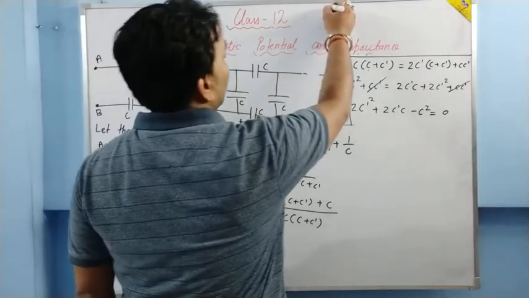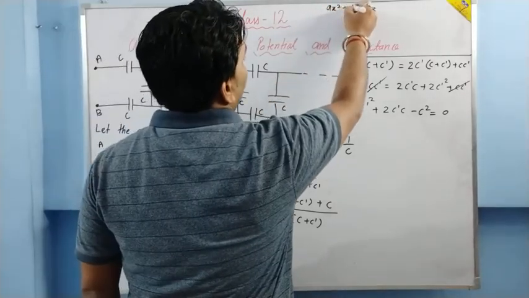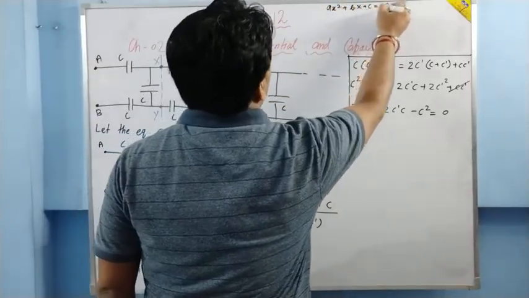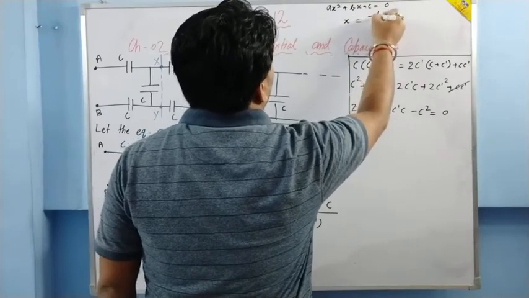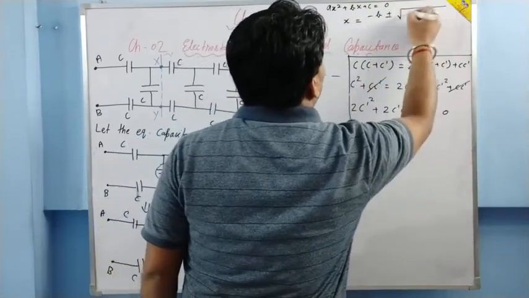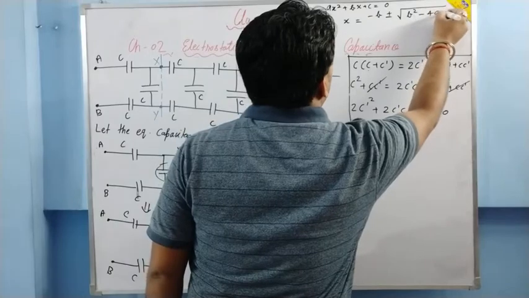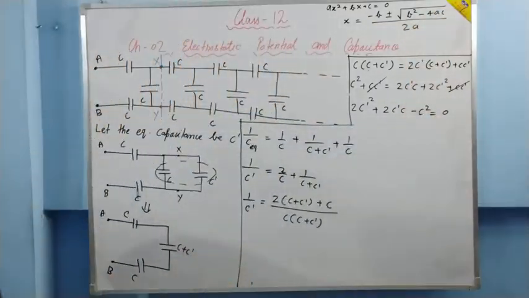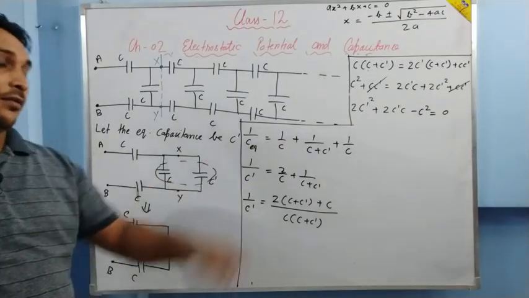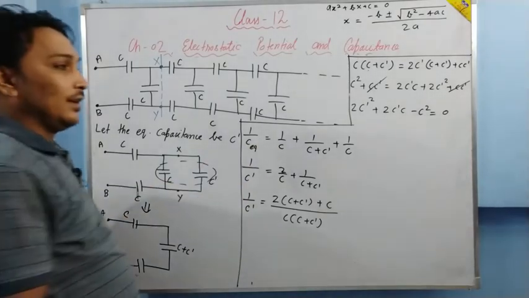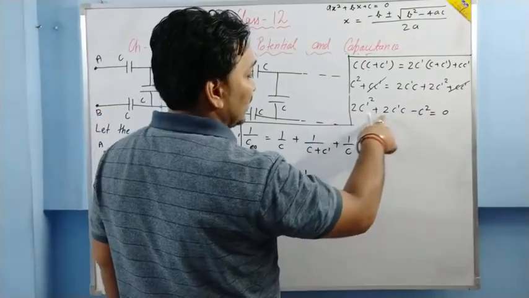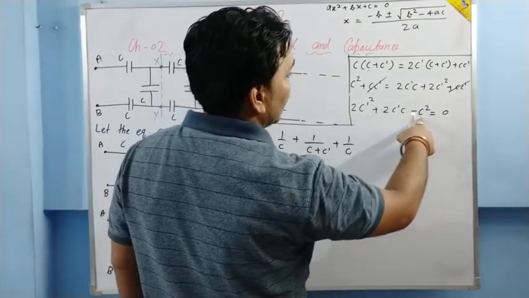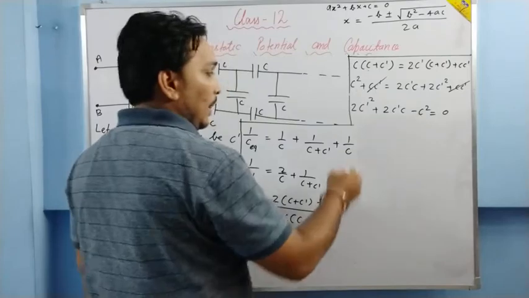If one equation is ax square plus bx plus c is equal to 0, then its root is given by minus b plus minus under root b square minus 4ac upon 2a. If you remember, that very thing we are going to apply here. Here 2 will work as a, 2c will be working as b, and minus c square will be as c.